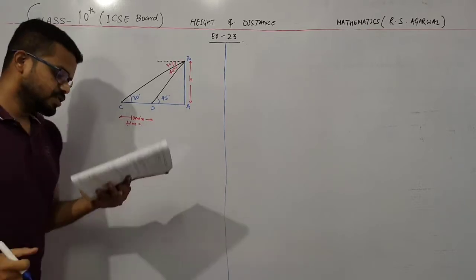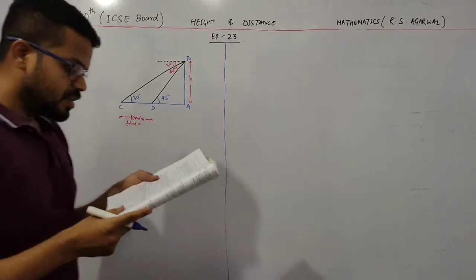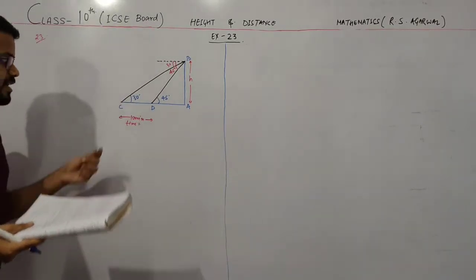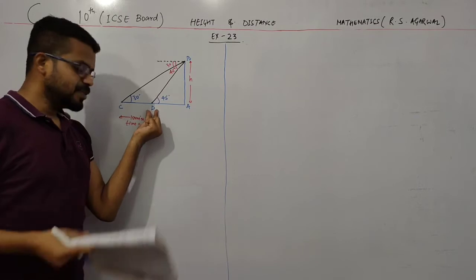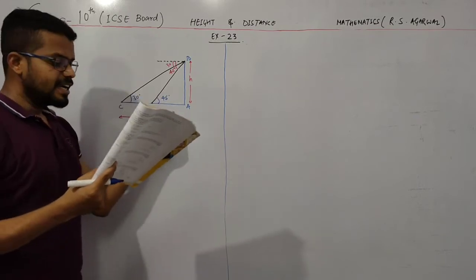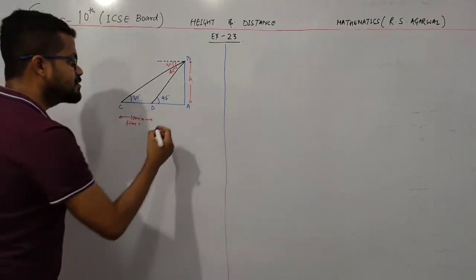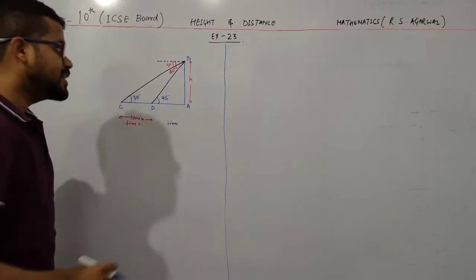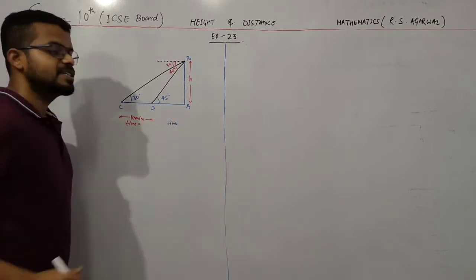Now the question is: how soon after reaching this point D will the car reach the observation tower? We have to calculate the time taken by the car to reach from this point to this point.